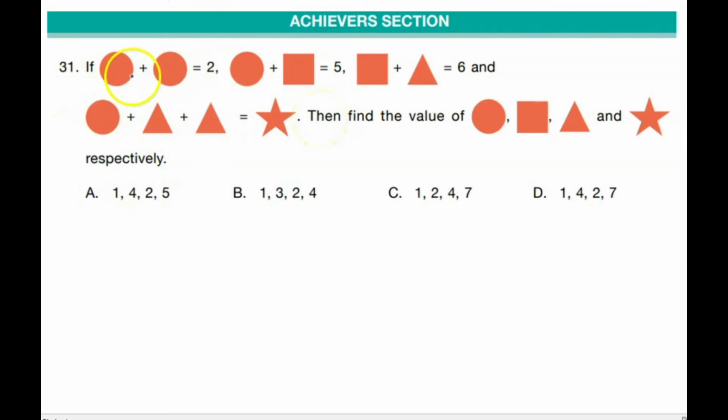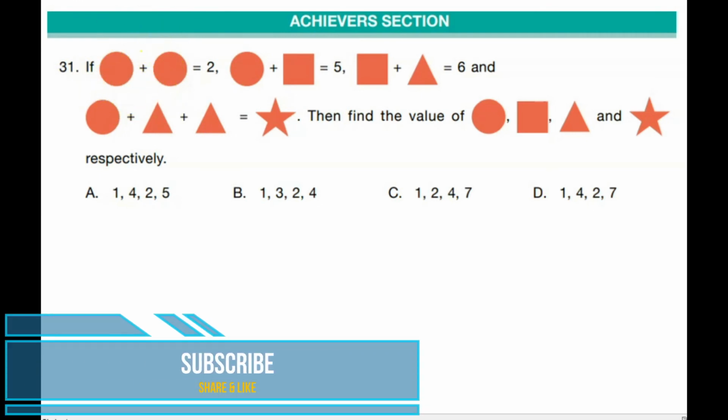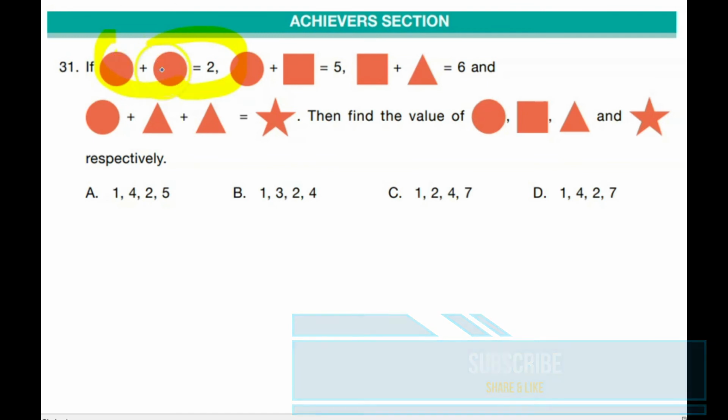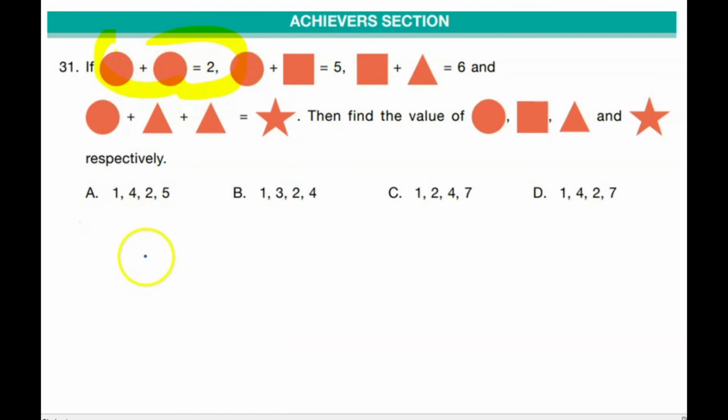So let's start breaking down. We just focus here. We have two circles and we are adding them and it gives us 2. So which number added to itself gives us 2? It's very easy peasy lemon squeezy, right? 1 plus 1 is equal to 2.